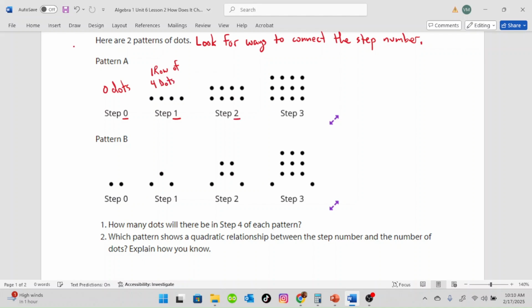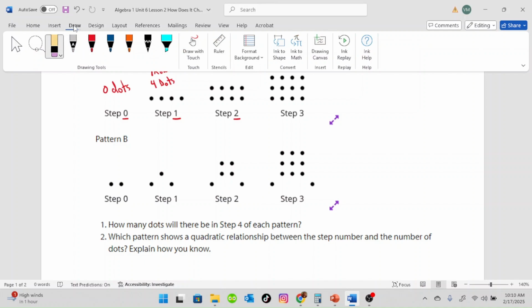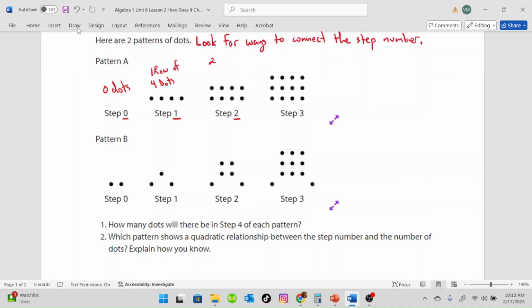In step 2, I have 2 rows of 4 dots. And in step 3, I have 3 rows of 4 dots.